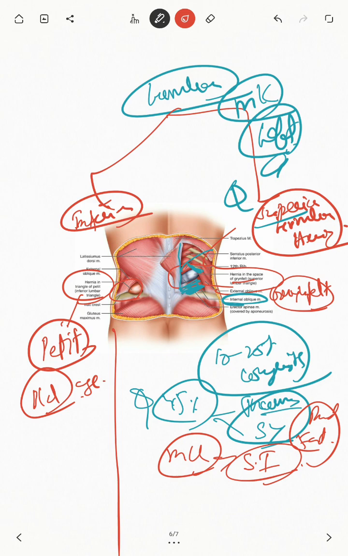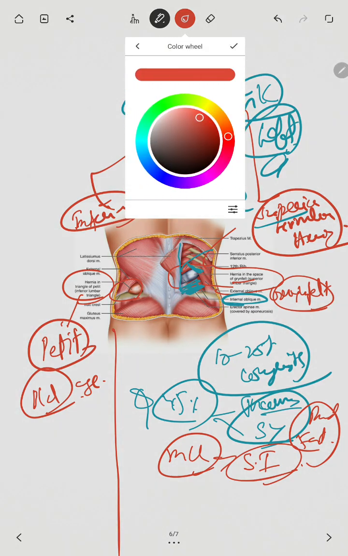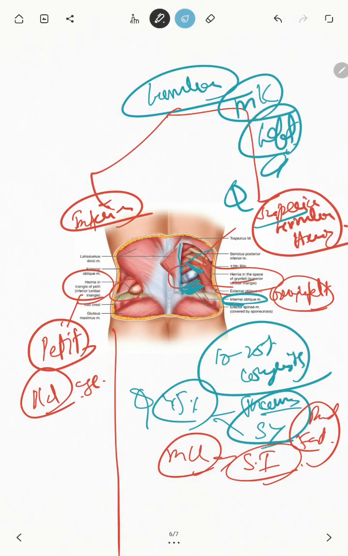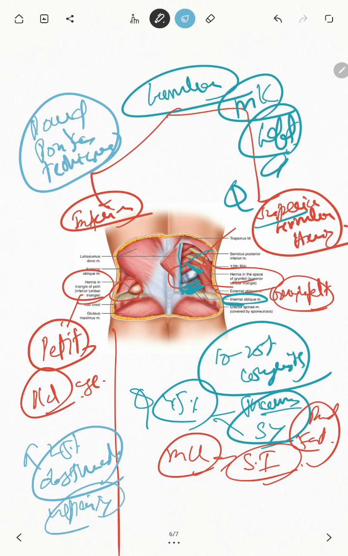Grynfeltt hernia is most common, and for the repair of lumbar hernias there is an old technique, just remember the name, Dowd-Ponka technique. Okay, and 25% of these patients can go for obstruction. So hence repair or surgery is indicated.